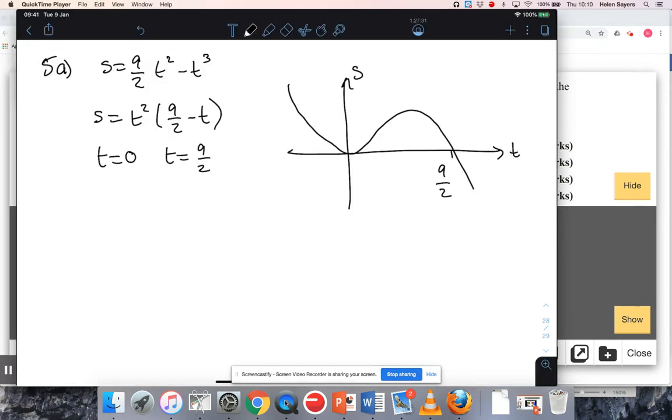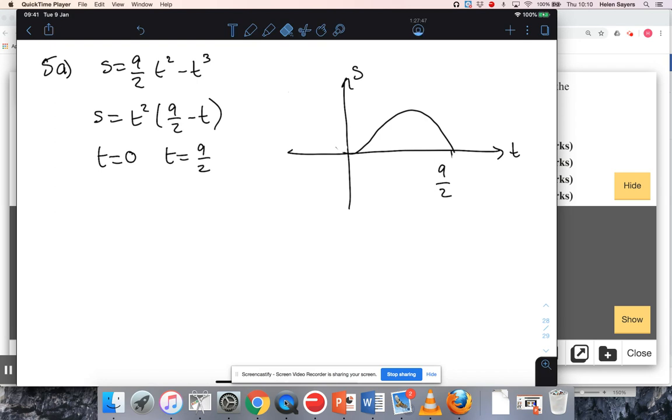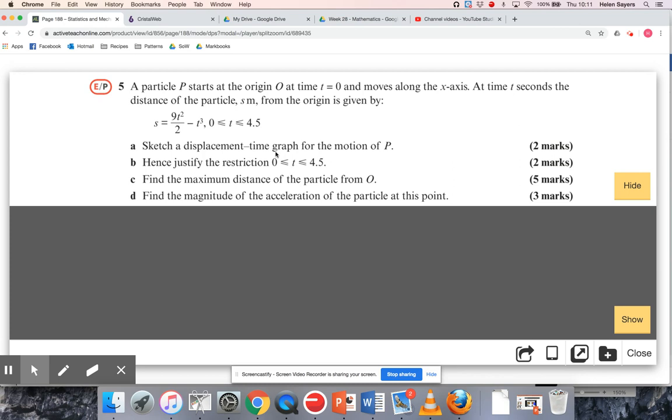So I'm going to try and just erase the bits of the graph. Seems to just about be working. Okay, so that's actually the only part of the graph that works in this model, because they say it's between 0 and 4.5.